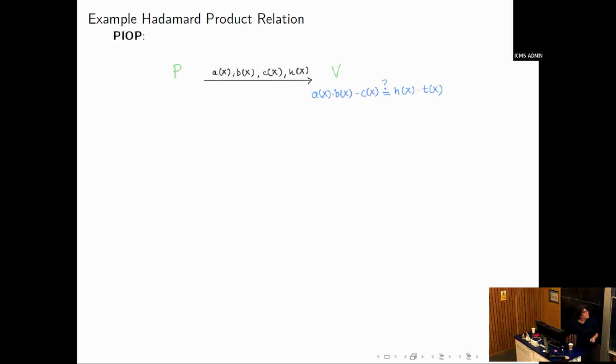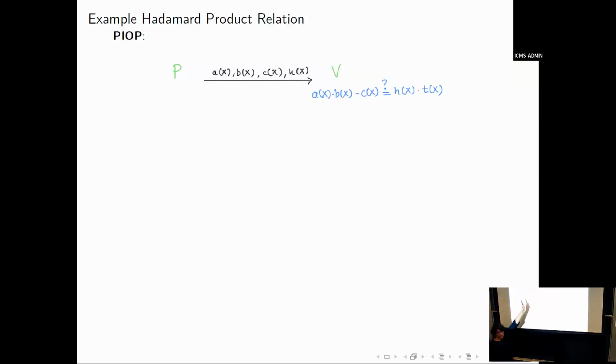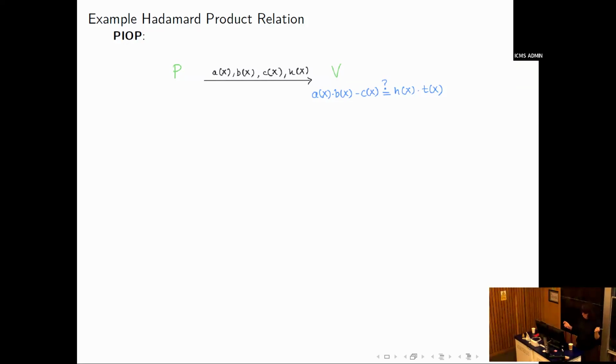Imagine I want to show that the Hadamard product of A and B is C. How do I turn this into a protocol? Well, the prover just sends A, B, C, and H, and the verifier checks that A times B minus C is equal to H times T of X. Okay? So non-interactive, and so on.